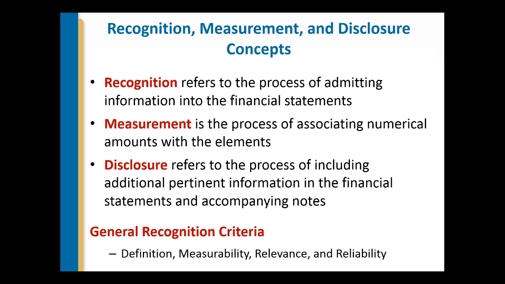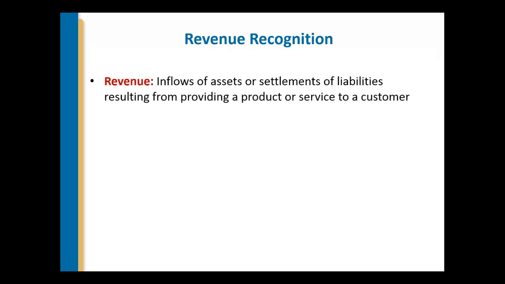Relevance means the information is capable of making a difference in users' decisions, and reliability means the information is representationally faithful, verifiable, and neutral. Now, there needs to be a cost-effectiveness constraint along with materiality for these items to be, in fact, recognized.